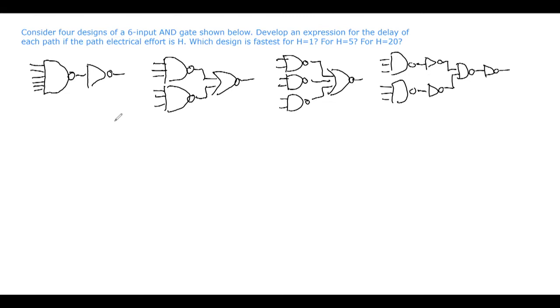and initially we're going to develop an expression for the delay for each implementation. We are assuming that the electrical effort, the output capacitance divided by the input capacitance, is H. Then we will do calculations in order to decide which one is going to be the fastest for H equal to 1, H equal to 5, H equal to 20.